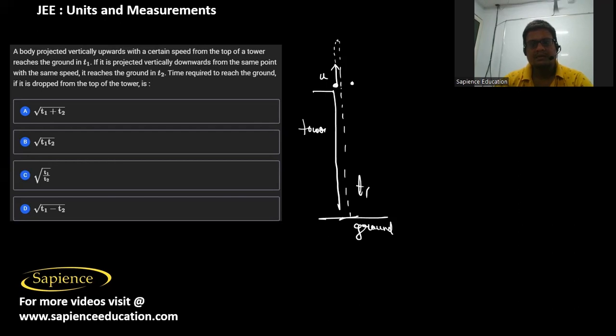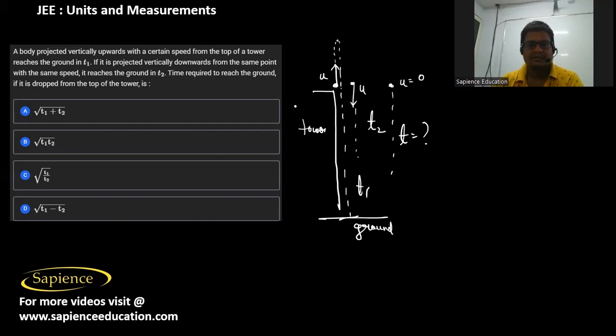When it is thrown vertically downwards with the same speed, it will reach the ground in time t2. Then if it is dropped from here with initial velocity 0, we have to find how much time t that will take. So we have to find this t in terms of t1 and t2.